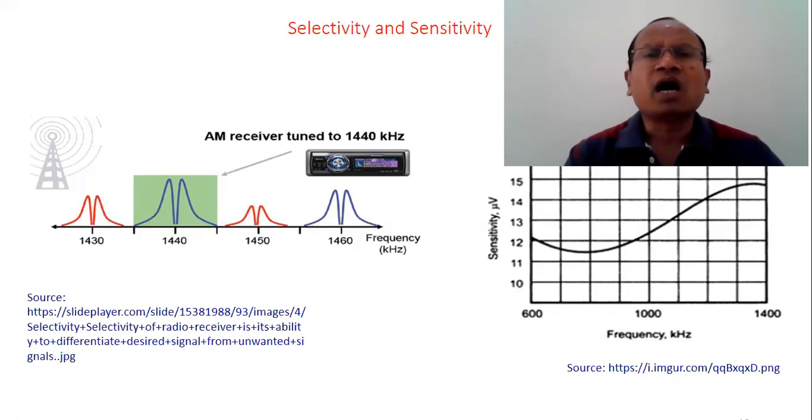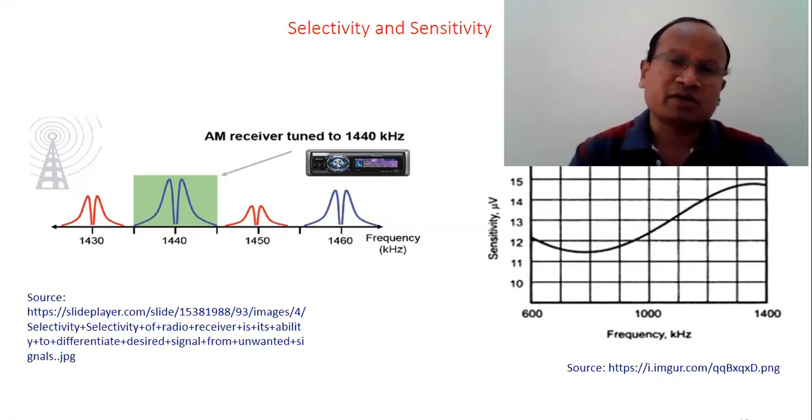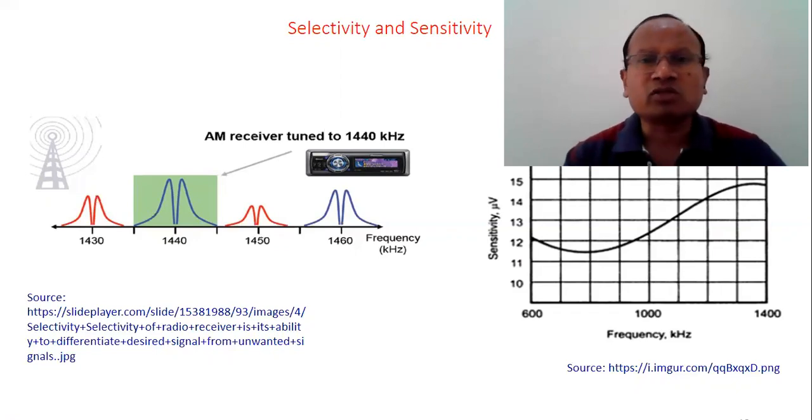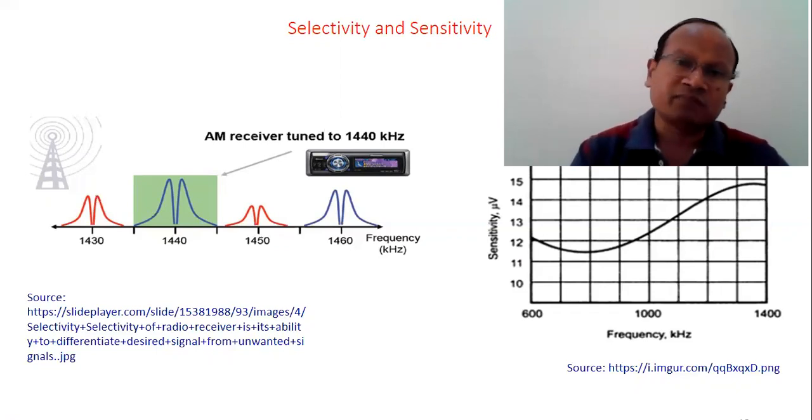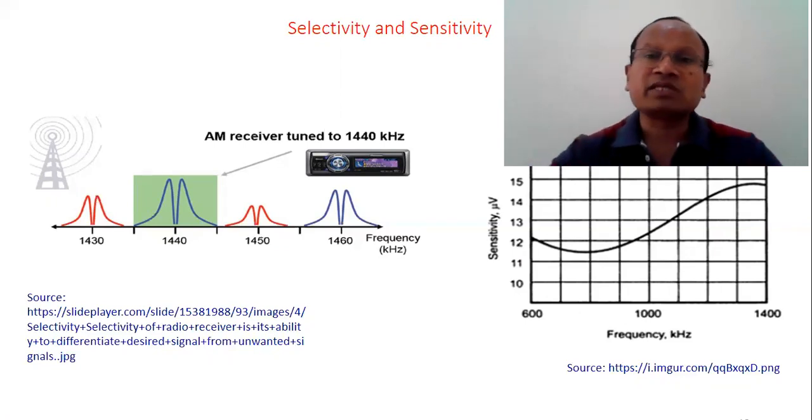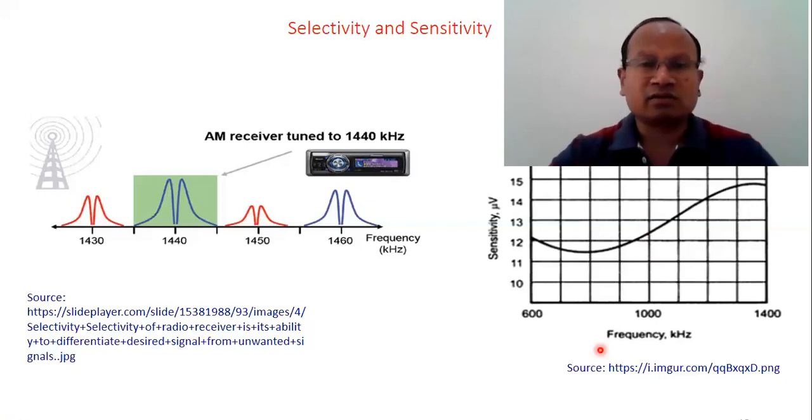Then we pass through the IF amplifier, then again the detector. In the superheterodyne receiver, we also use a negative feedback mechanism called automatic gain control, AGC, in order to avoid any distortion or fluctuation in the amplitude of the signal. So the AM receiver is a very important device for recovering the radio signal which was transmitted by the AM transmitter.